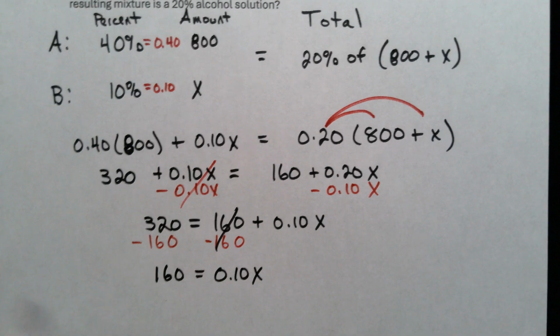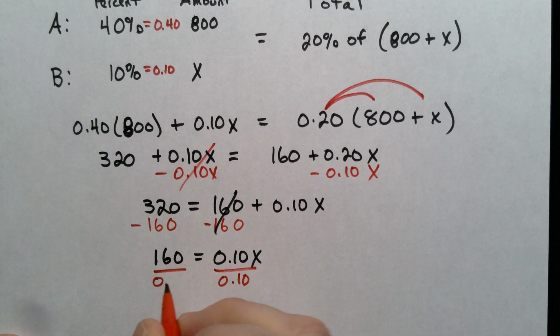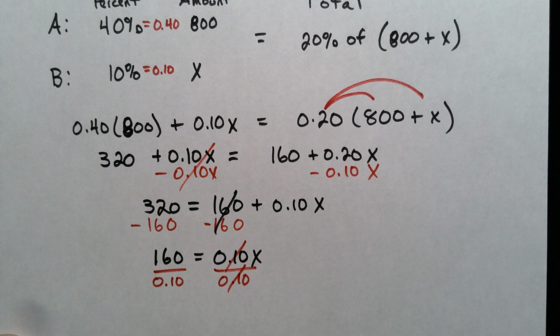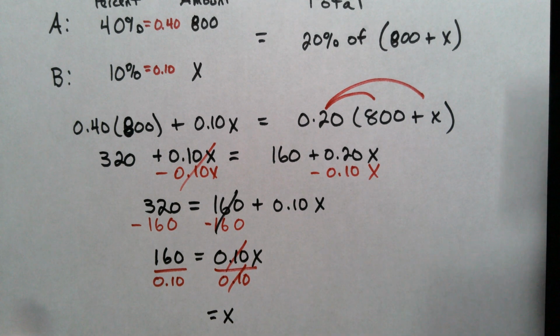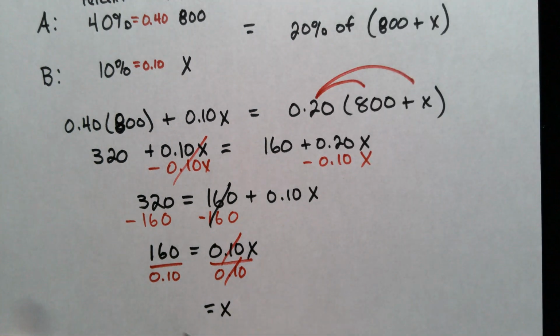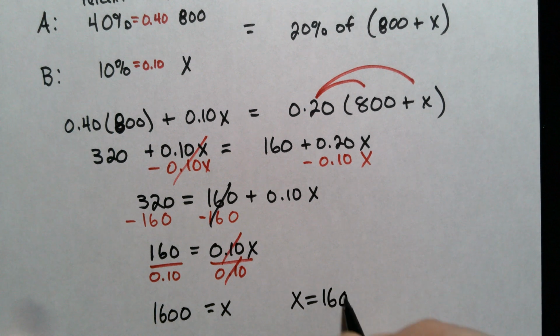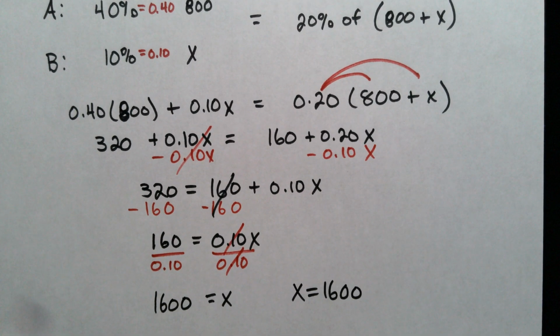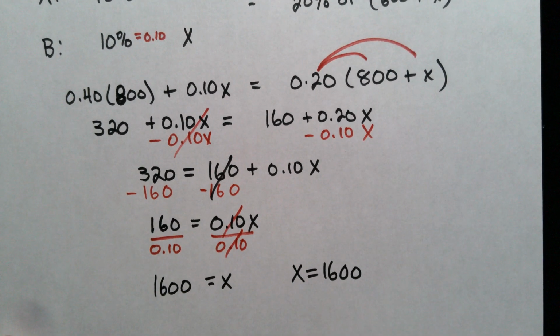And the last thing we want to do is divide by the 0.10 on both sides so that it will cancel out over here. So x is equal to, let's go ahead and do that division. So 160 divided by 0.10, and that's 1600. So 1600 is equal to x, or x is equal to 1600. I like writing it this way better. And that is the amount of solution B. That's how much solution B was used. And that's it.